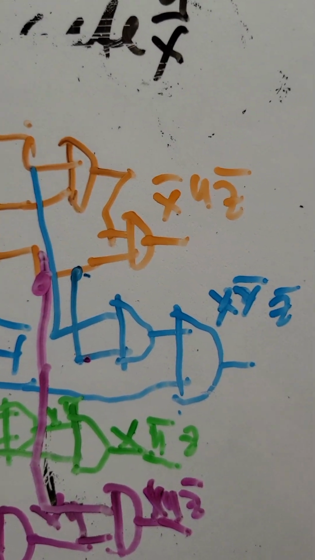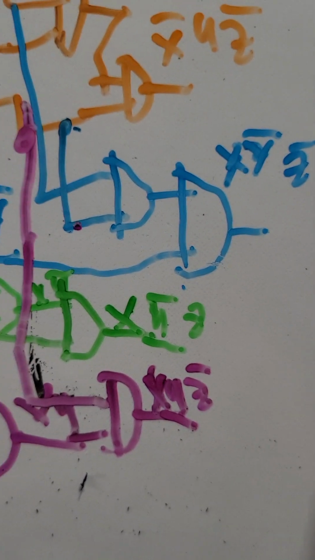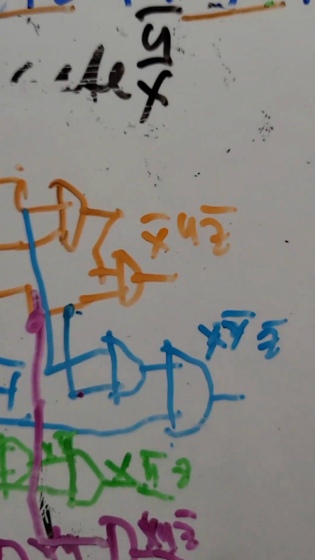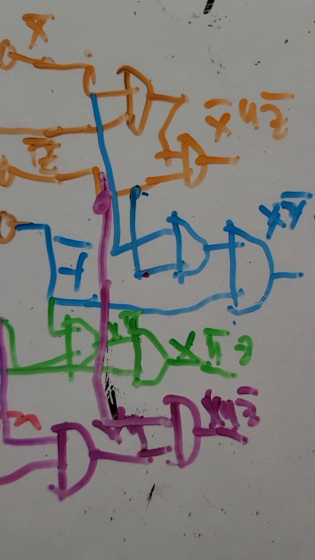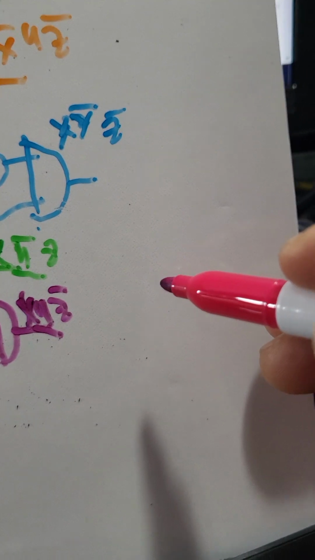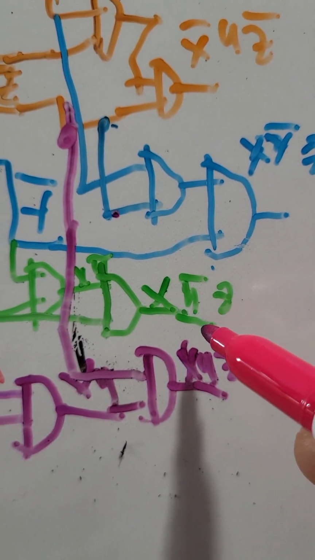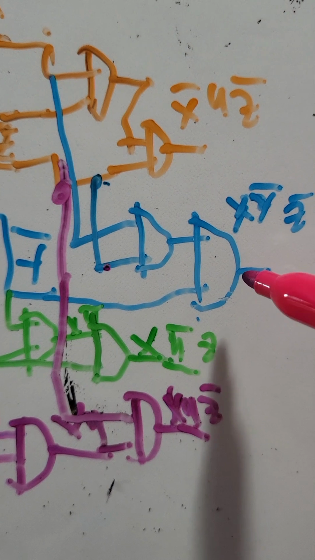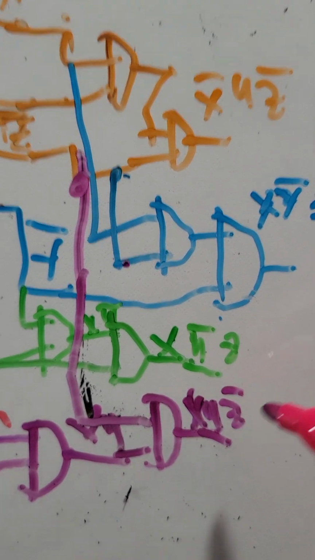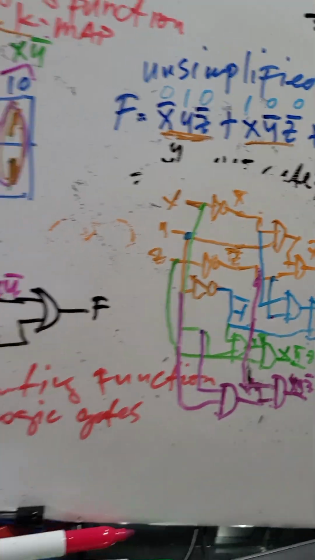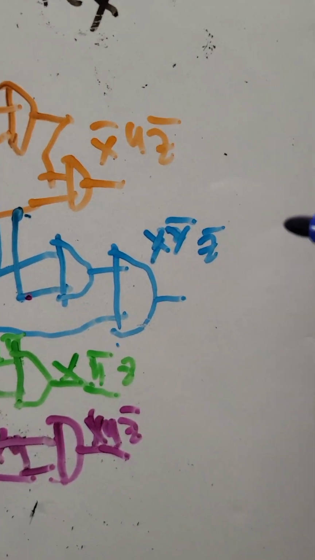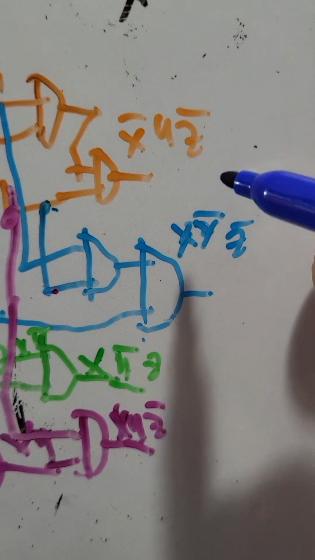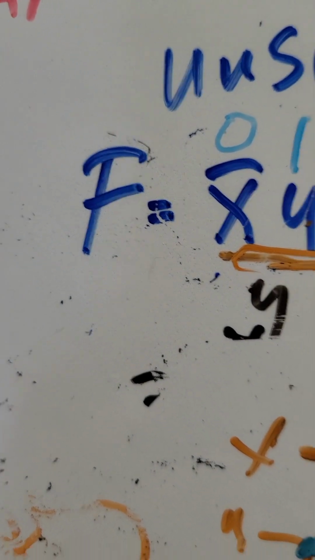Now, this is not the final output yet, because you have 4 outputs here, the blue, the green, and the purple. We need only 1 output. So what will happen to these 4 outputs to make it one function f or output?